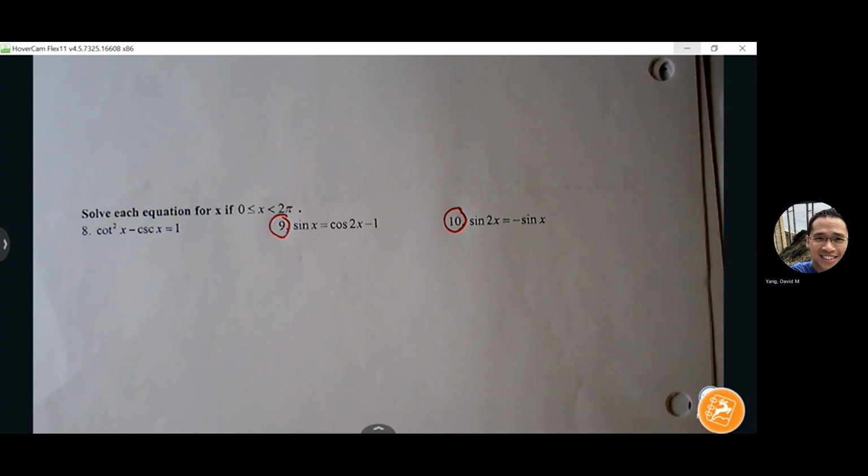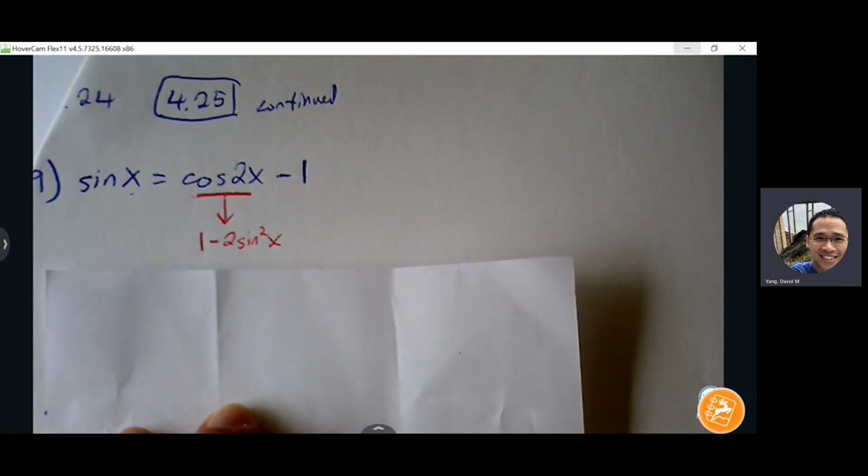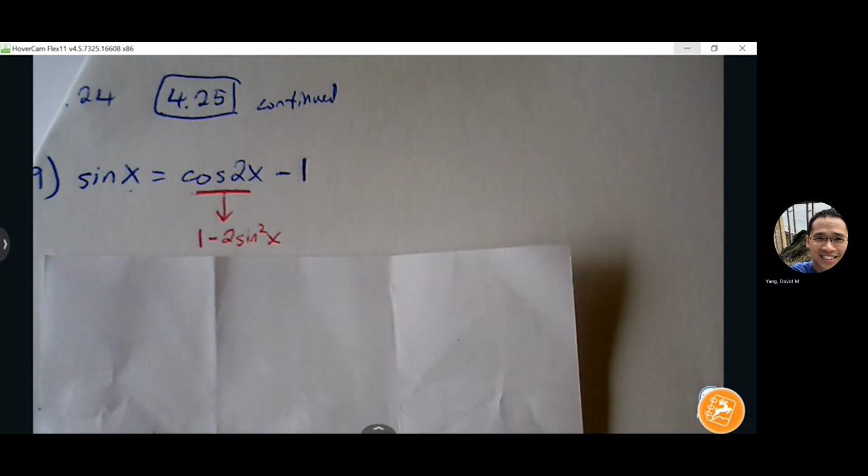So we can choose the 1 minus 2 sine squared. That's right. Doesn't include the minus 1, right?